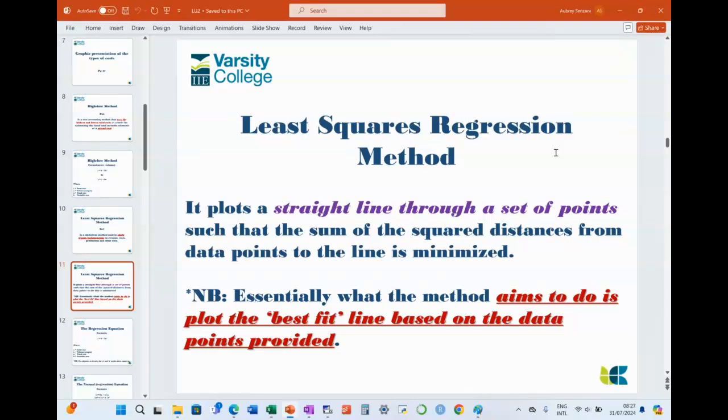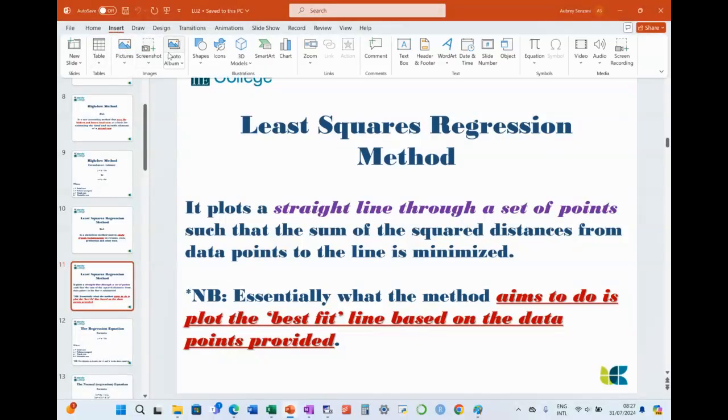The whole concept of linear regression or the least squares regression method is we have different data points. Let me just draw an example.